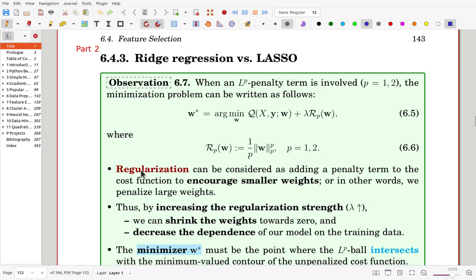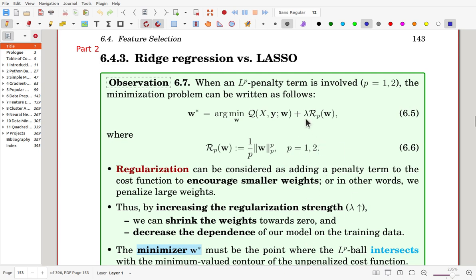Such regularization can be considered as adding a penalty term to the cost function to encourage smaller weights. By increasing the regularization strength lambda, we can shrink the weight toward zero. It's quite natural to consider it.